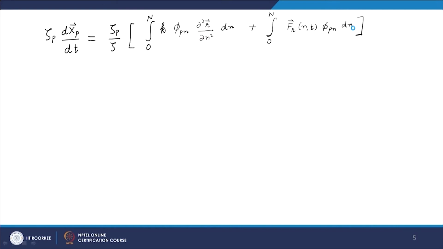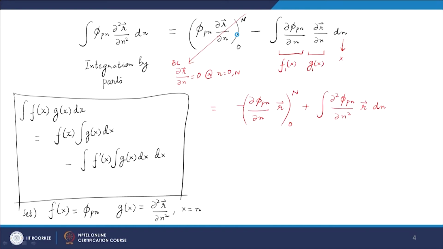Now, I want to replace this term right here with what we have derived, that is right here.